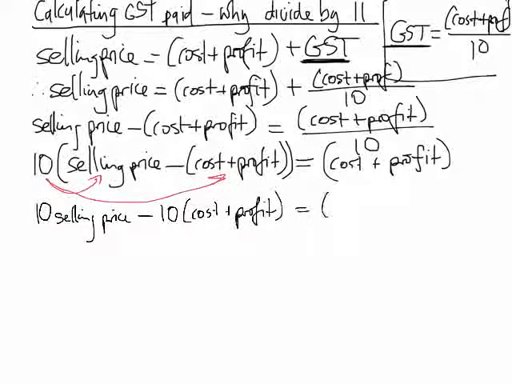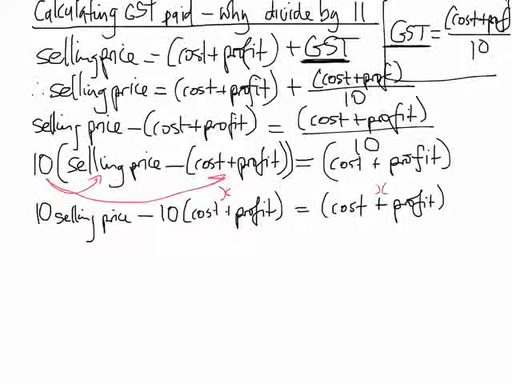And you still have cost plus profit on this side. Okay, and now it's difficult to see because we have written words here, but you could just as easily replace that by x. That could be x as well. They represent the same thing. It's cost plus profit in brackets.